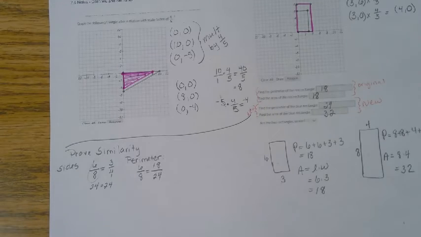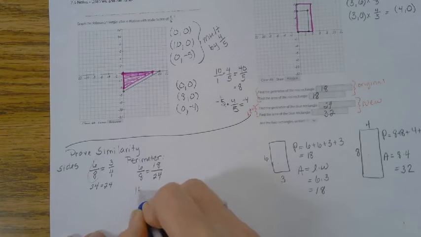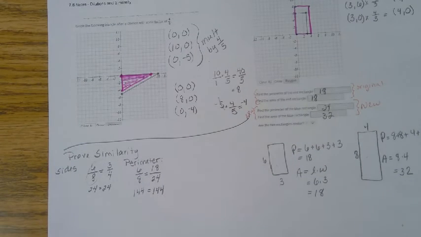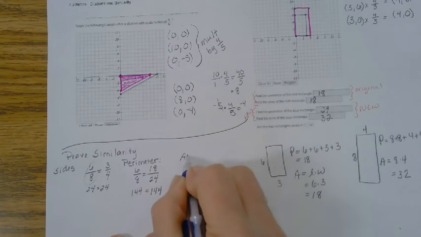What do you get when you cross multiply those? 6 times 24 is 144. 8 times 18 is 144. Oh, it's showing that it is also similar, right?